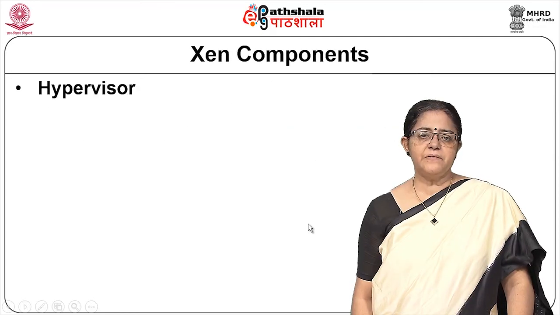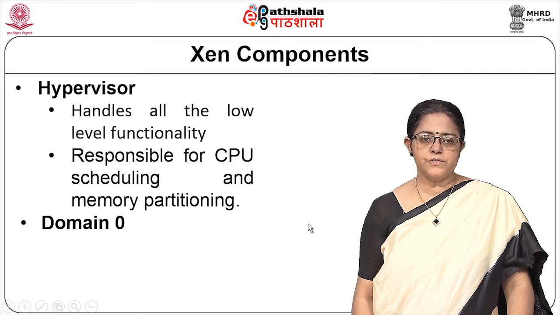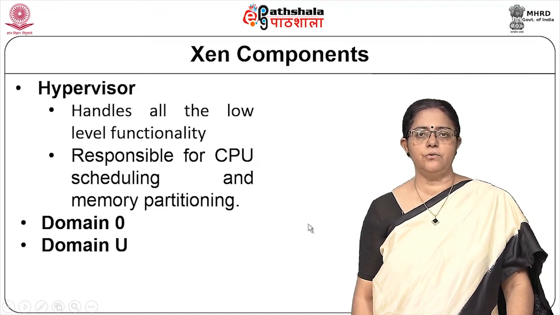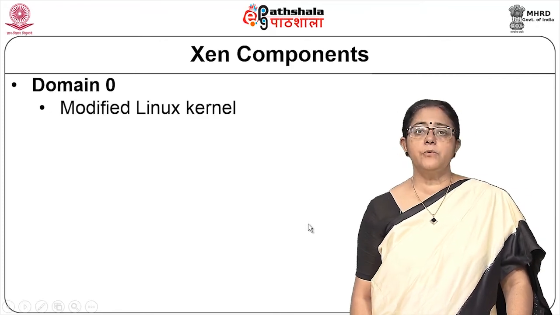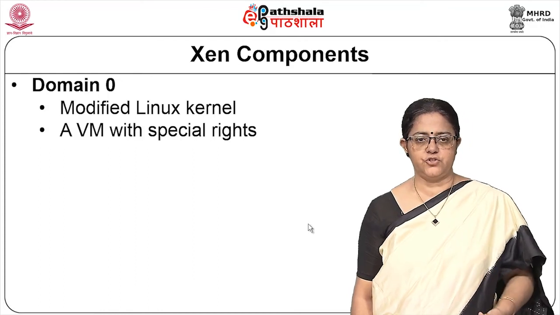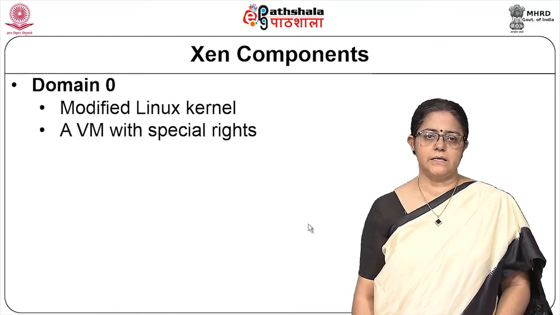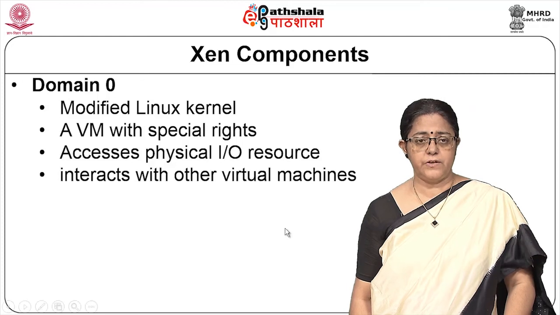So, the hypervisor is the main component, and in it there are domains DOM 0 and DOM U. DOM 0 is a modified Linux kernel, and this is the main virtual machine. This has special rights and can access the physical resources through the VMM.